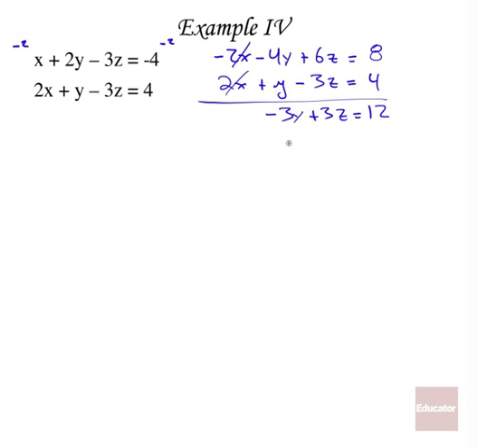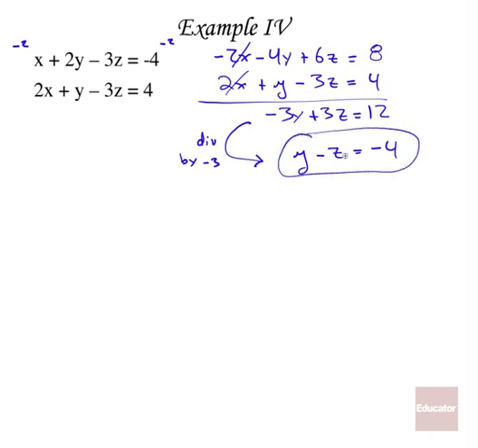So this becomes y, this becomes minus z, and 12 divided by minus 3 becomes minus 4. Is that correct? Yes. So now we have this equation, y minus z equals minus 4. That's as far as we go.